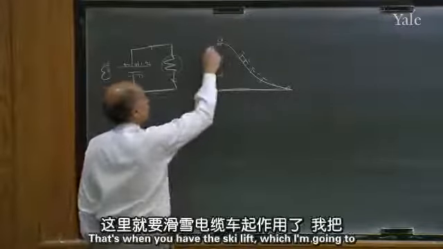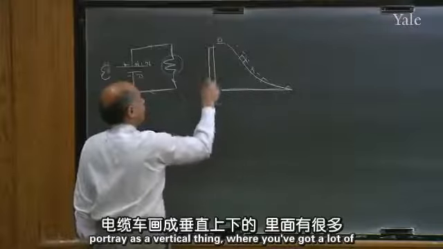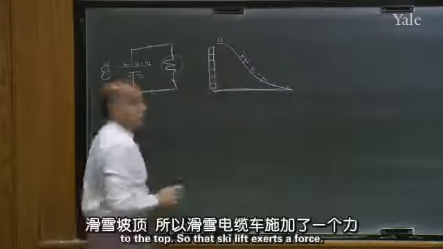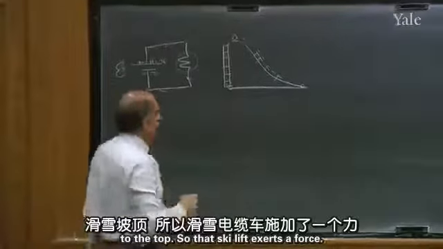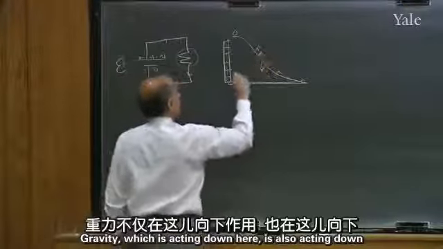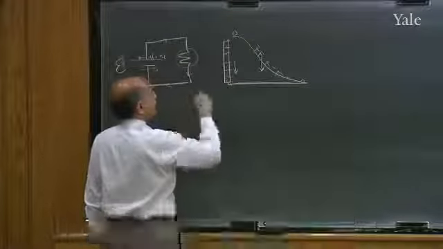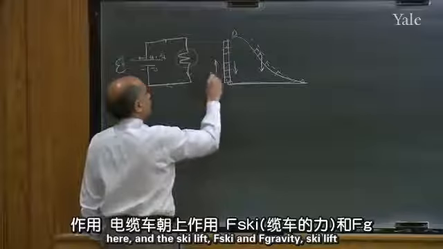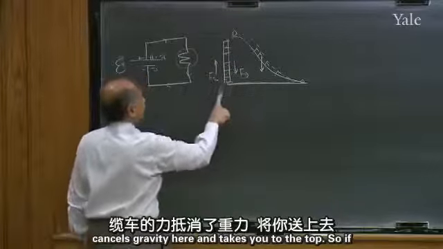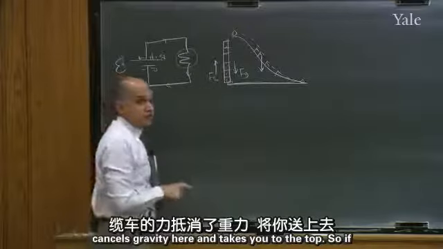That's when you have the ski lift, which I'm going to portray as a vertical thing where you've got a lot of chairs, so you can sit on one of them and you can ride to the top. So that ski lift exerts a force. So gravity, which is acting down here, is also acting down here. And the ski lift, F sub ski and F sub gravity, ski lift cancels gravity here and takes you to the top.